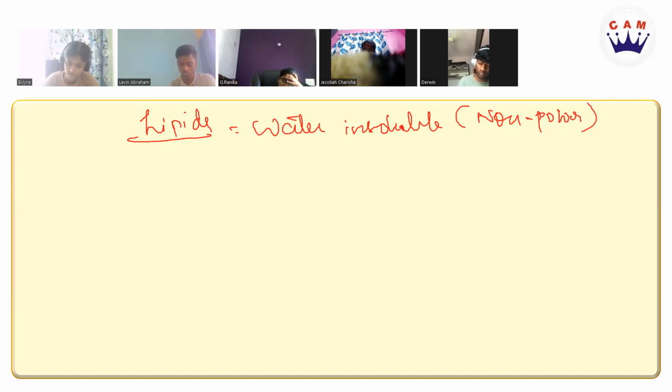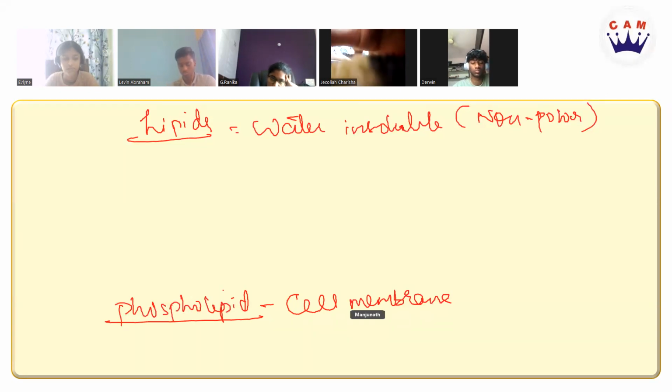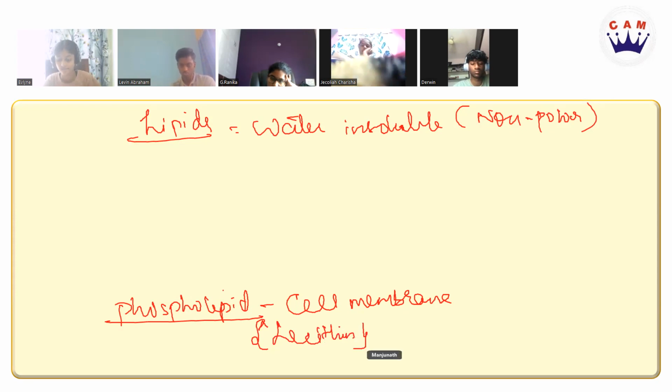So this non-polarity of lipids is because of the phospholipid. The phospholipid found in the cell membrane. This I was talking about earlier. Now it will become much more clear for you. It is called as lecithin. What do you call it as? Lecithin.